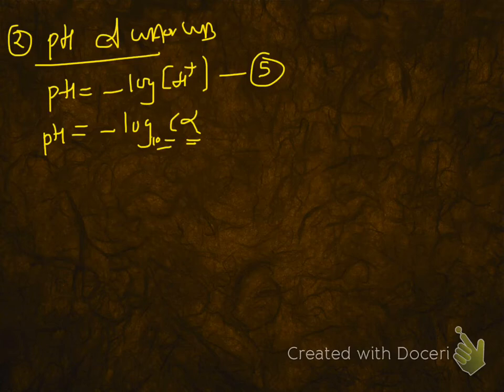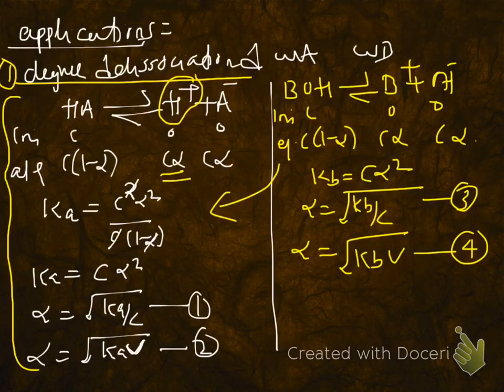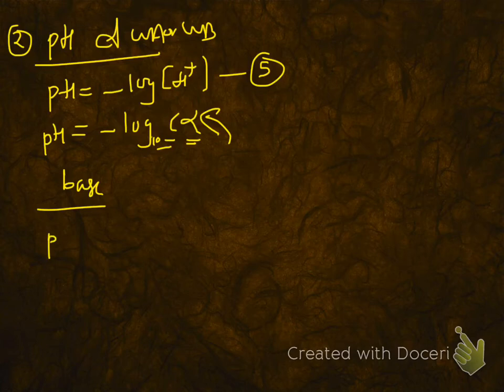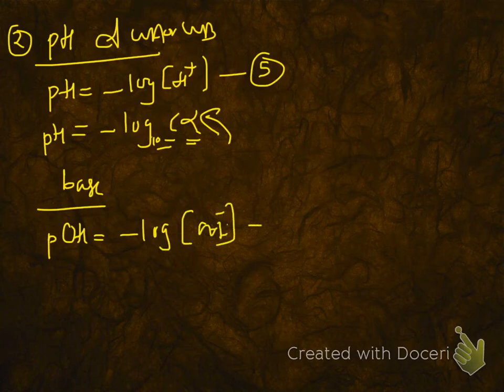In the case of base, we have OH minus instead of H plus. Instead of pH, we have to write pOH. pOH is the negative logarithm of OH minus. What is OH minus?